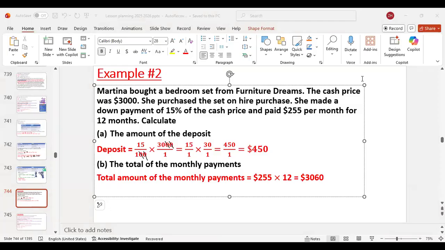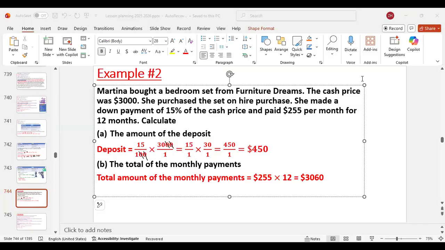We multiplied the amount paid per month by the number of months, and then we get an answer. So what did we multiply? $255 times 12, which gives us 3,060. Very good.